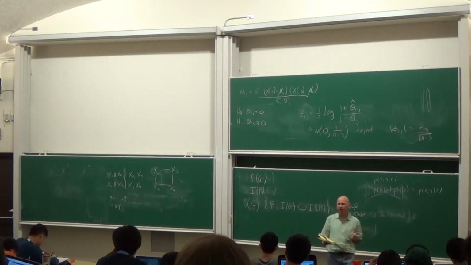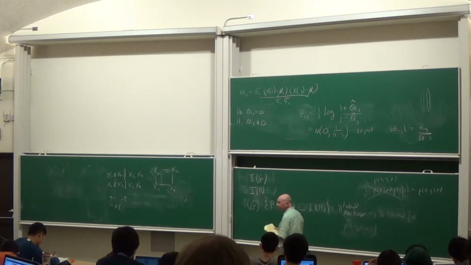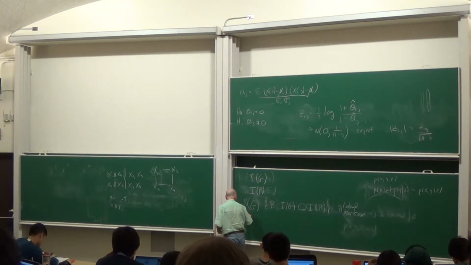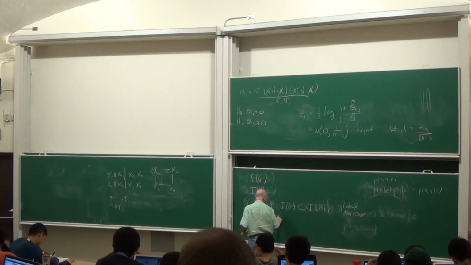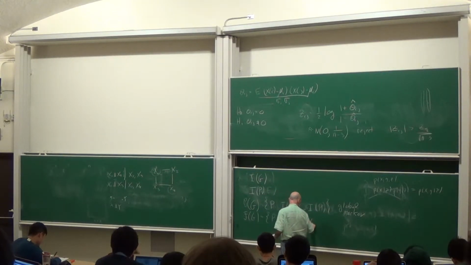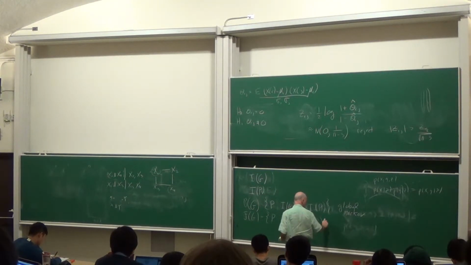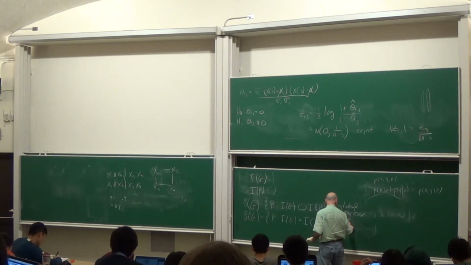In fact, you might wonder, what if I require them to be equal? That's called the set of faithful distributions. It's the set of distributions P. So these are faithful.